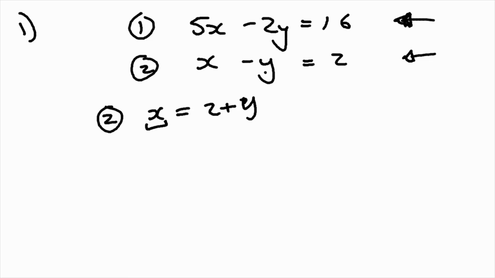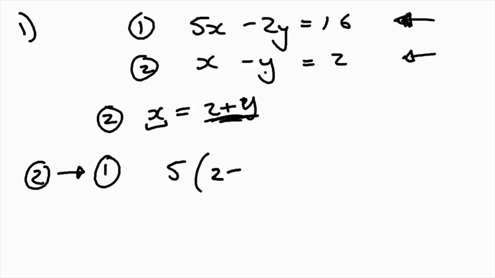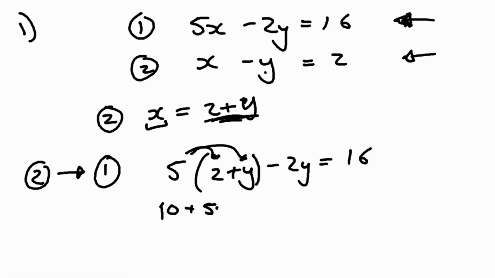So substituting 2 into 1, we're going to have 5 lots of, instead of x, we've got 2 plus y, subtract 2y equals 16. Now we'd go through the normal method of solving this. We multiply out the brackets. 10 plus 5y minus 2y is 16.